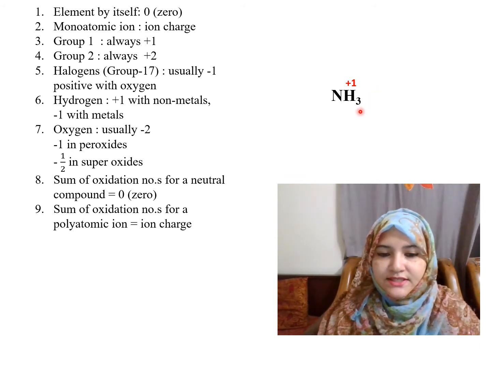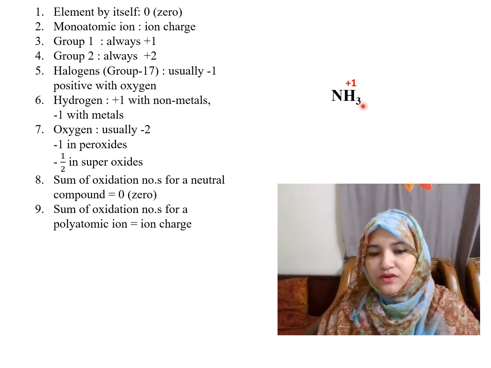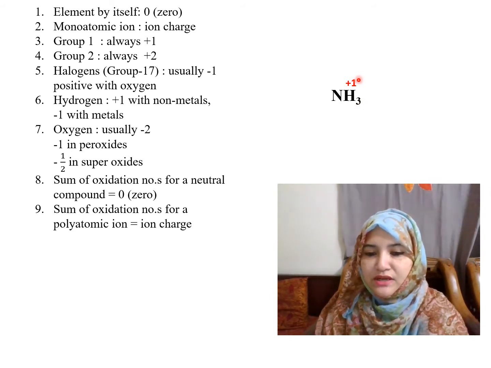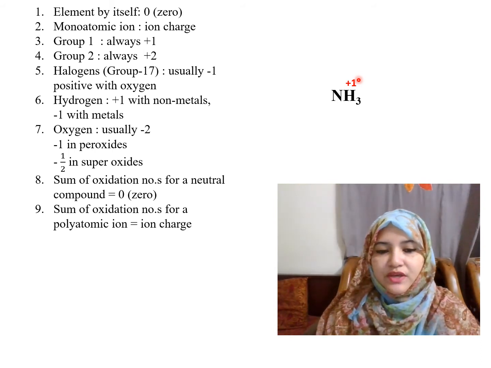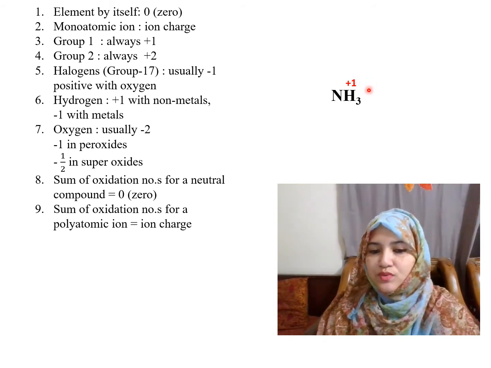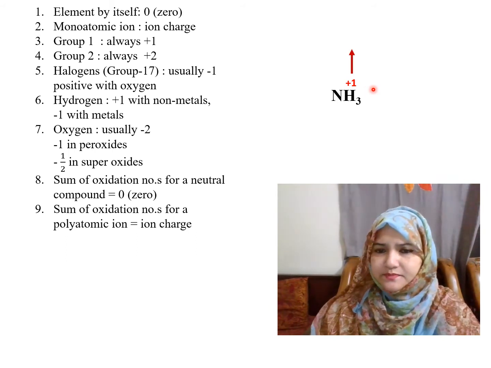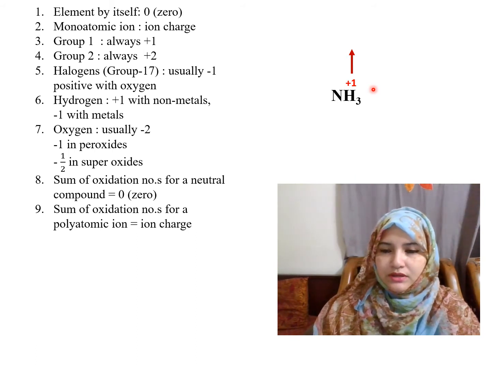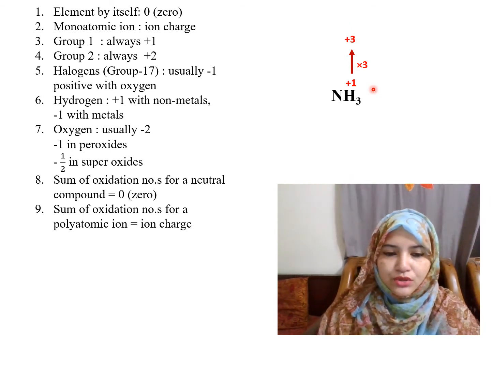But there are 3 hydrogen atoms, and each one of them has a +1 oxidation number, so we have to multiply +1 times 3, and we get +3.